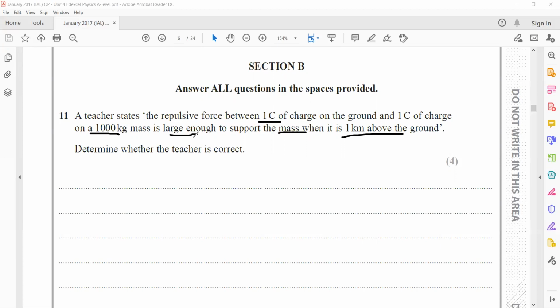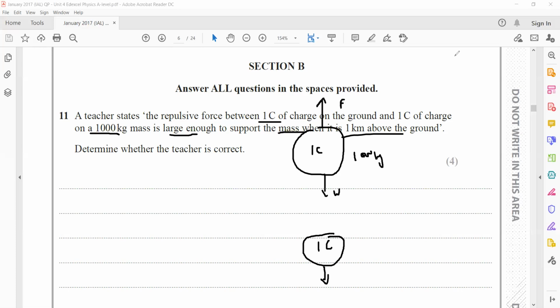So basically, if two identical charges are there, like 1 coulomb charge on the ground and 1 coulomb charge on the mass which is 1000 kg, like charges will repel each other. So the electrostatic repulsion must balance with the weight to levitate this charge, or it should be high enough to lift this charge.